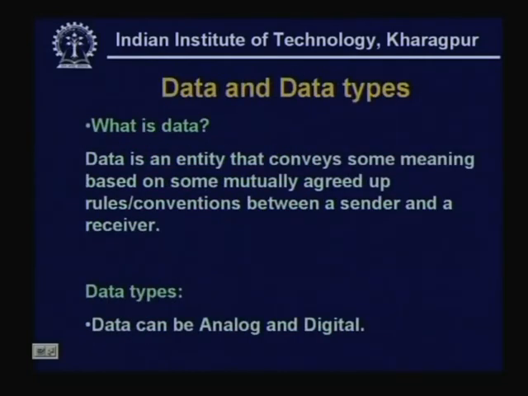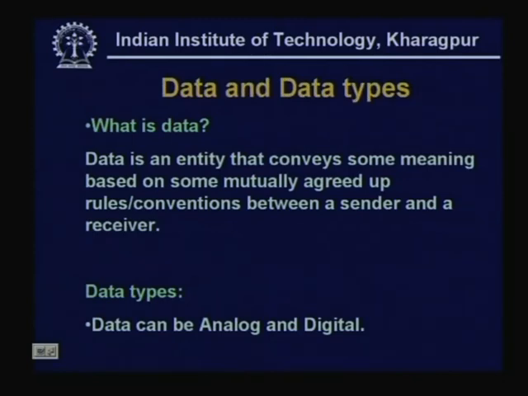First, let us consider what is data. As we have seen, we have to send data through some communication media, and we have to understand what we really mean by data. Data is an entity that conveys some meaning based on some mutually agreed upon rules and conventions between a sender and a receiver.